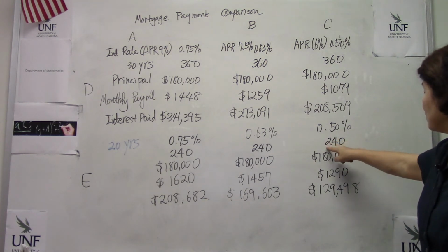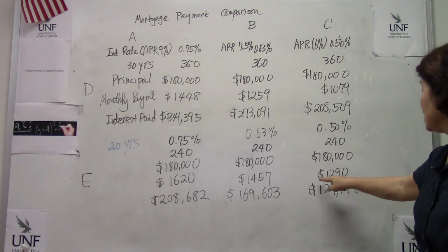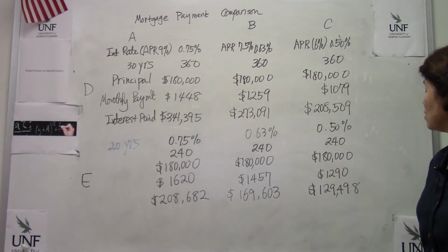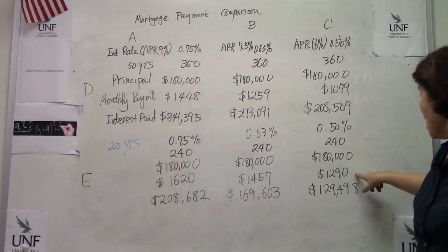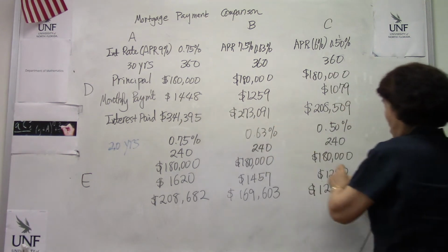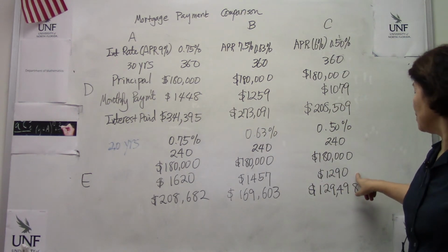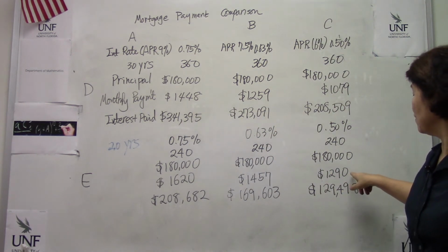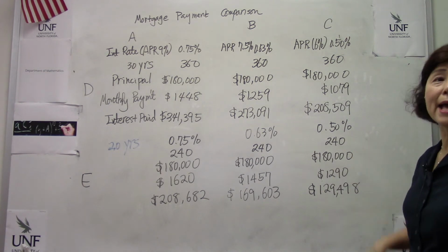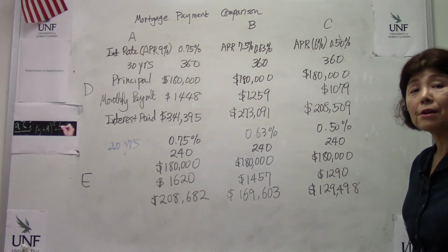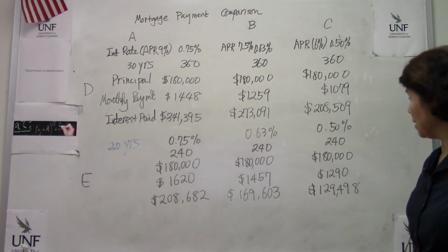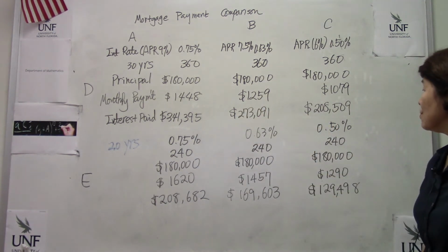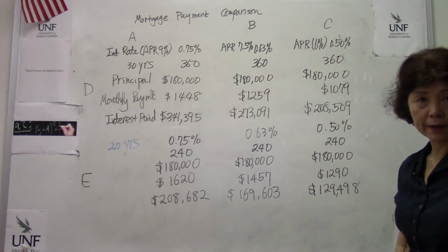That means after 240 payments, each one is $1,290. Isn't it something? The interest rate is lower. Look at this, a lot lower, like $150 less, and you finish 10 years early. Ten years earlier than this one. So it is a very remarkable thing.